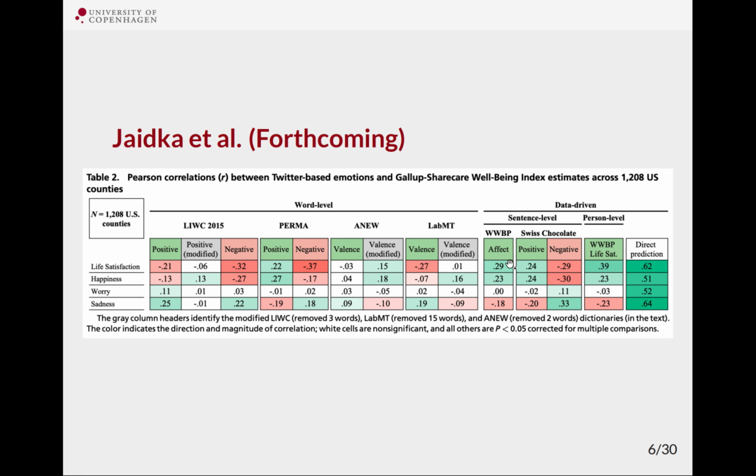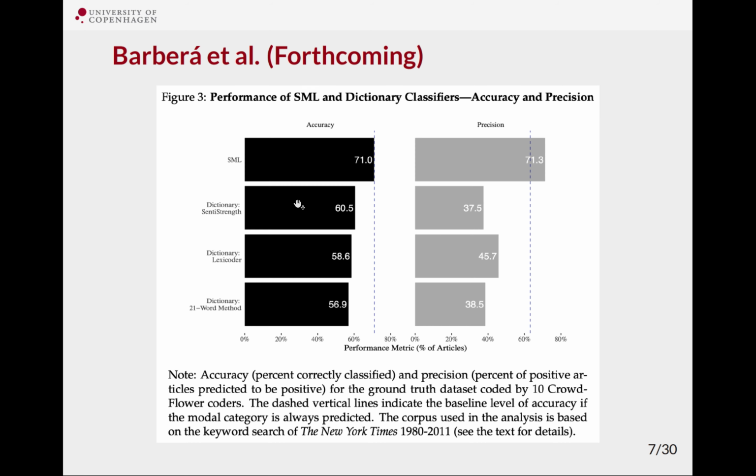So where the machine learning classifier says that a county should have higher life satisfaction, we actually do see higher life satisfaction. Same with this one and this one, right? So these data-driven approaches actually work quite well relative to dictionary approaches.